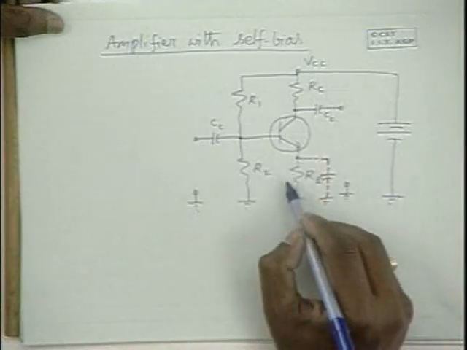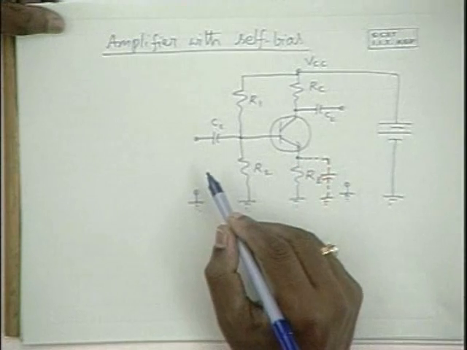What is responsible for that? The emitter resistance is responsible for that. It's because the voltage drop across the emitter resistance is acting as a feedback. That means the voltage drop across this is acting as a feedback to the input side.